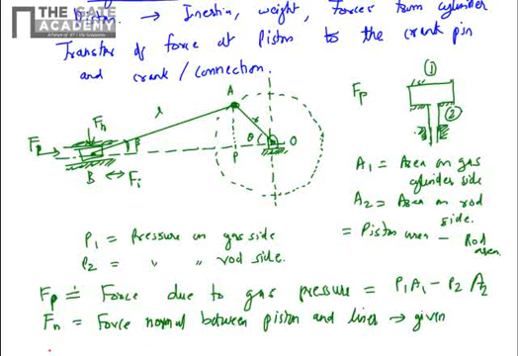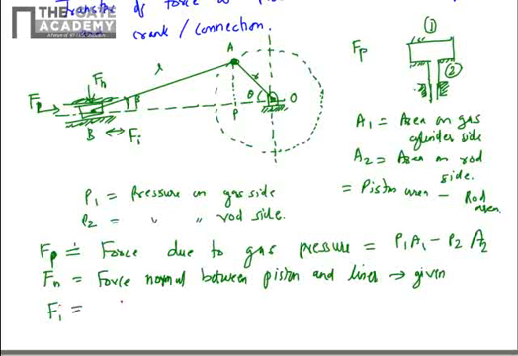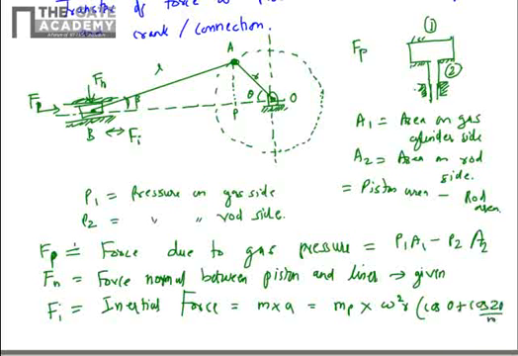The inertial force Fi, you know, force is equal to mass into acceleration. So we know the mass of the piston, let's suppose mp, and acceleration of piston we know is omega square r times cos theta plus cos 2 theta by n from our earlier derivation.